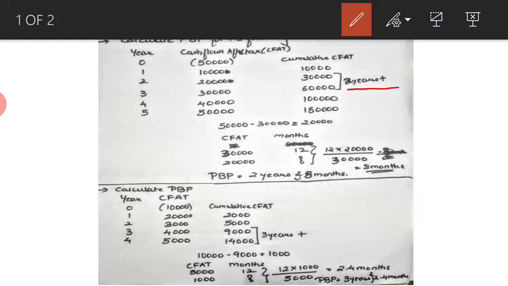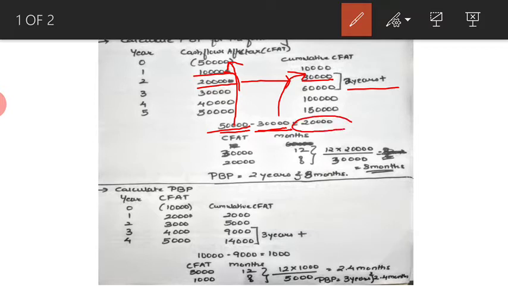Now in 2 years, how much have we collected? 30,000. That means total initial investment is 50,000 minus 30,000, which we have already collected in 2 years. That is 10,000 in the first year and 20,000 in the second year. Totally it is 30,000. So 50,000 we want, out of which 30,000 we have already collected in 2 years.